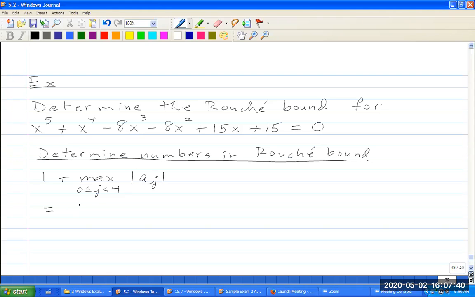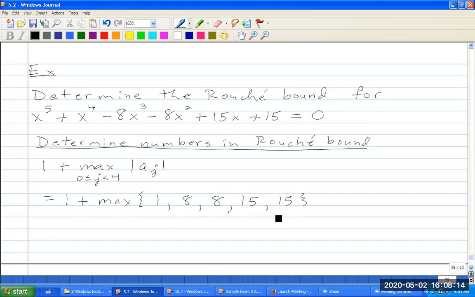And so, maybe I'll just say this is 1 plus the maximum of these values. And so 1, 8, 8, 15, 15. So those are the coefficients here of this monic polynomial. So let's figure out the largest of these. Well, the largest of these is 15.